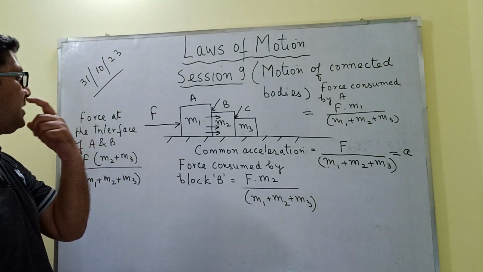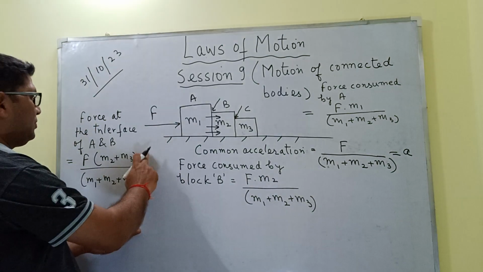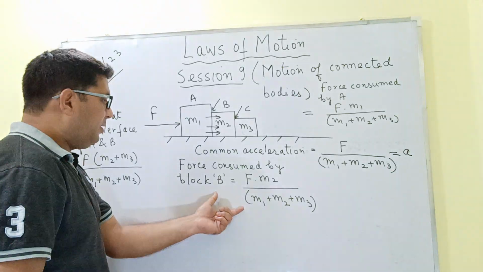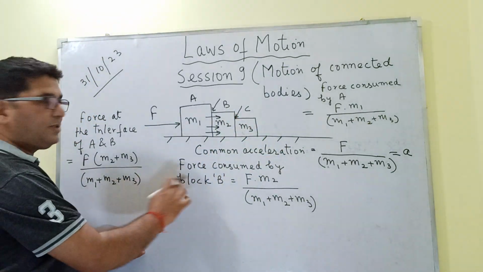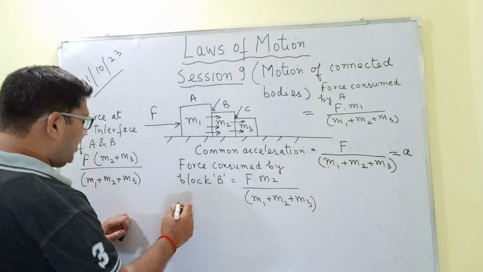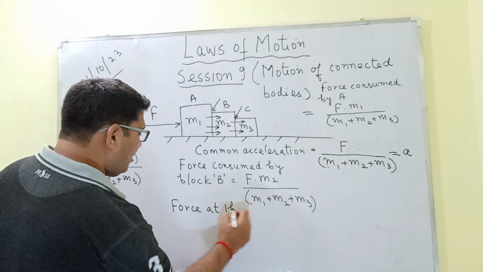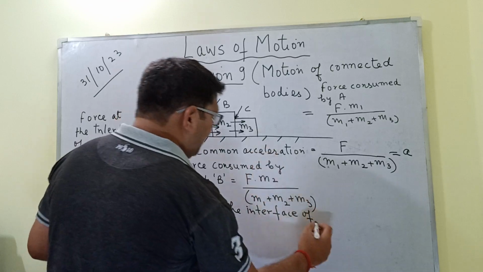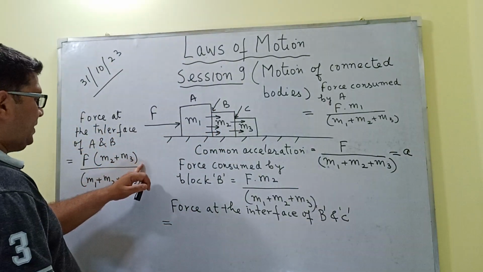ठीक है। अब आपसे ये पूछा जा सकता है कि what will be the force at the interface of the block B and C. तो भैया ये जो फोर्स इस ब्लॉक B पे ट्रांसफर हुई है वो ये है, and the force which is being consumed by the block B is this one. So the remaining force, the difference of these two, will be transferred to the block C through this common interface. So we can say that the force at the interface of B and C will be equal to this minus this.